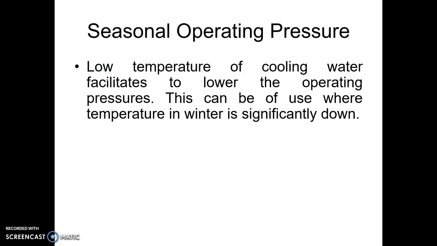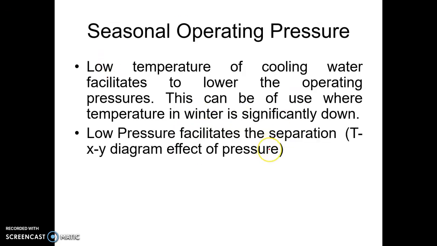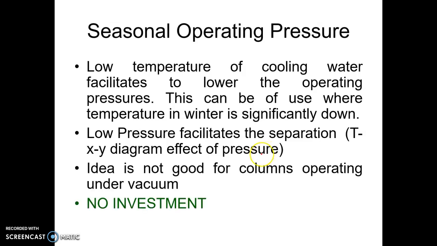So low temperature of cooling water will facilitate you to lower the operating pressure, and this can be used when the temperature in winter is significantly down. So naturally, the temperature difference between winter and summer must be sizable, right? Again, there is no investment.